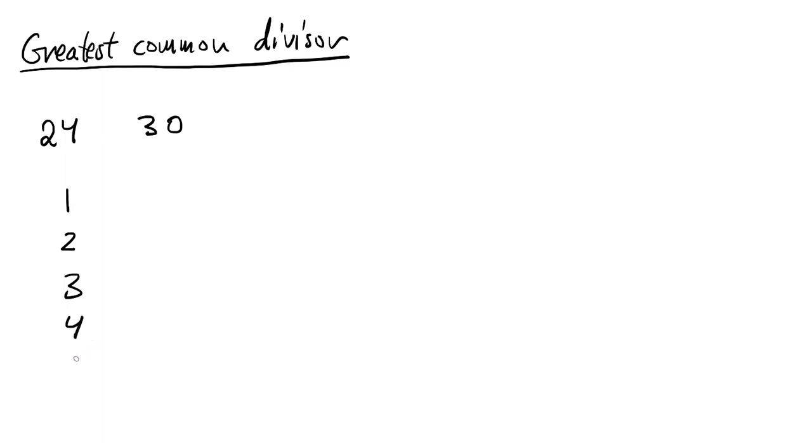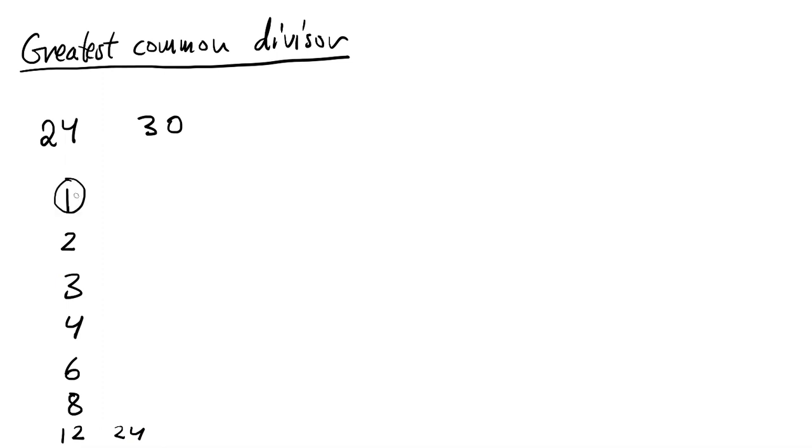Not 5. 6, yes, 6 times 4 is 24. And then continuing, 8, 8 times 3. Not 9, not 10, not 11, but 12. And the largest one is, of course, 24.